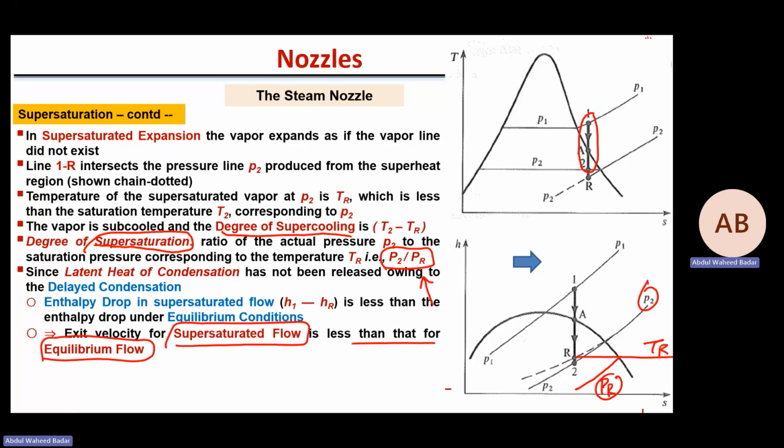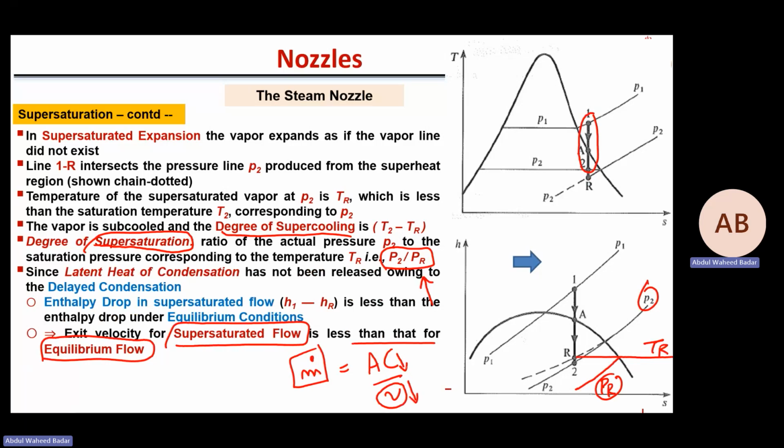But from the nozzle point of view, there is one more important thing, m dot, because m dot is equal to AC over V. We just saw that velocity drops. Now we'll see that specific volume also drops.